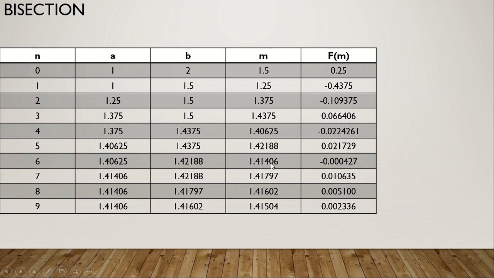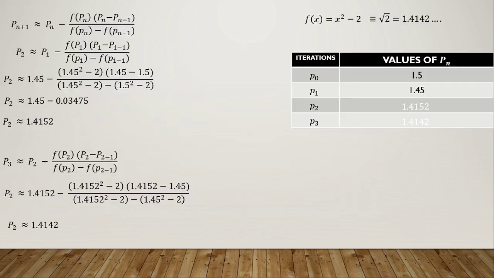When you round this off, it's going to be 1.4101, and this was going to be 1.4179, and we were dancing around the actual value of the square root of 2, whereas the secant method actually got straight to the point on the 4th iteration. So that's actually very impressive if you ask me, honestly.